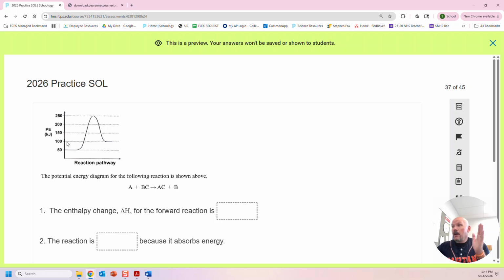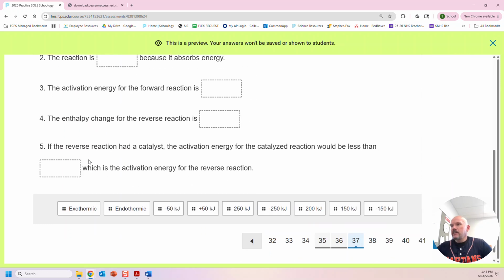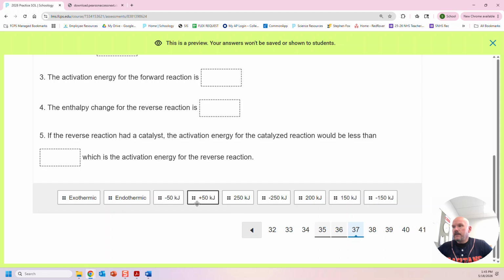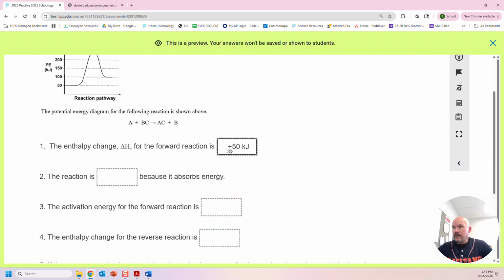Remember, the forward reaction goes from reactants to products. So here's the initial, here's the final. Remember, delta is final minus initial, so 100 minus 50. But if we're talking about the reverse reaction, we would do 50 minus 100, and it would be negative 50. So the enthalpy change for the forward reaction we just said was positive 50 kilojoules. 100 for the products, 50 for the reactants.